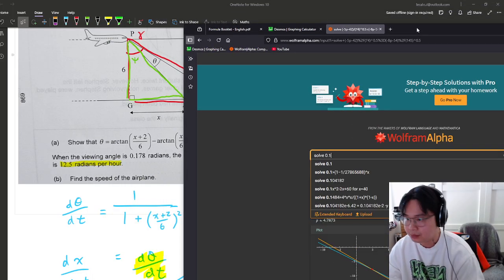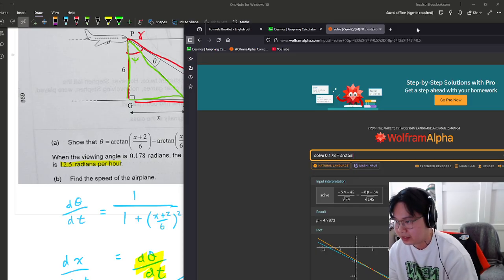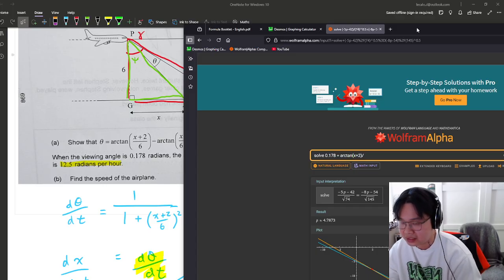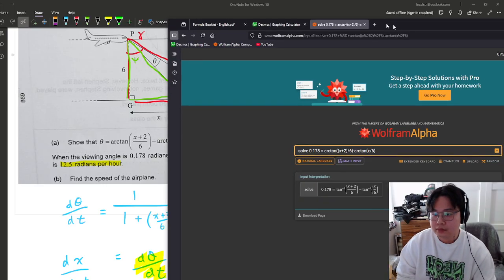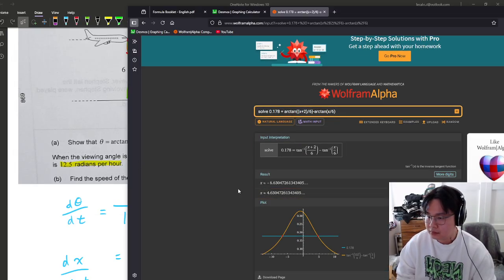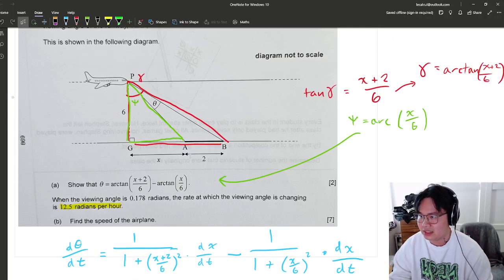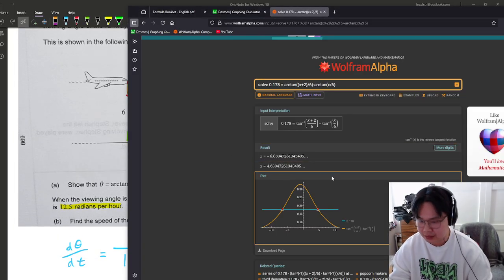My radians is 1.78, equal to arctan of x plus 2 over 6, minus arctan of x divided by 6. Okay, so x is this distance, which I don't think can be negative, so 4.63.